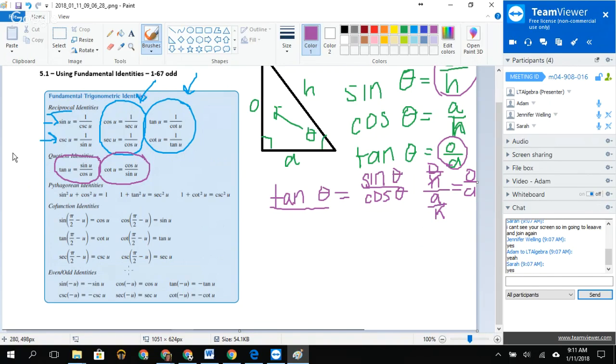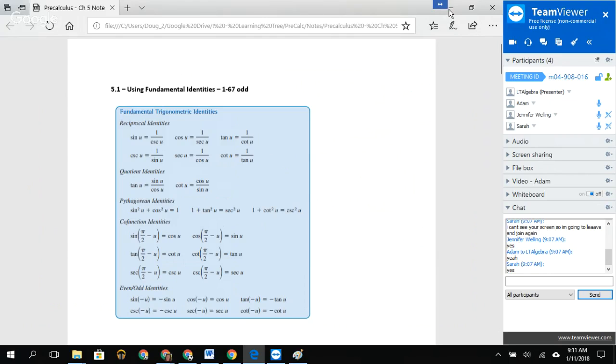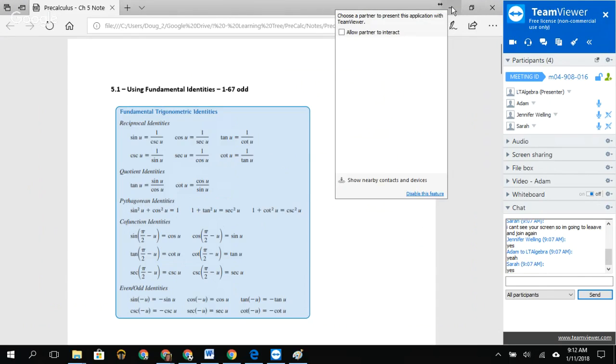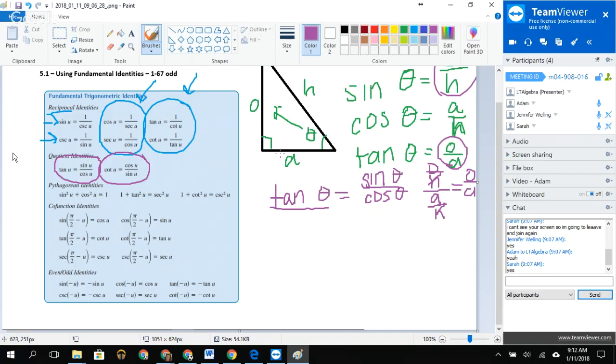I always like to throw these into Desmos because I'm a visual person. So let's see, that's not Desmos. Where are you at, Desmos? Pull a Desmos up here.